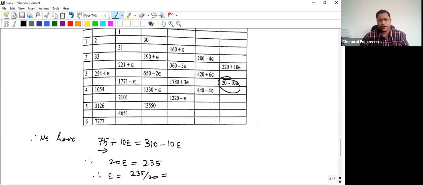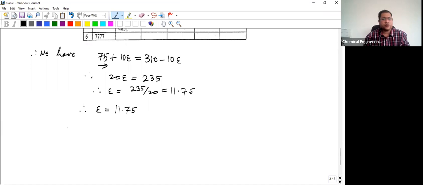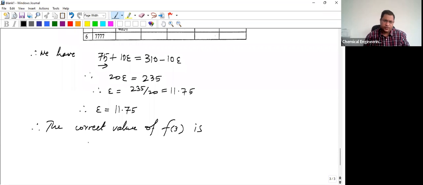So what value did you get? 11.75. So we got epsilon is equal to 11.75. And hence, the correct value of f of 3 is f of 3 equal to 254 plus epsilon.